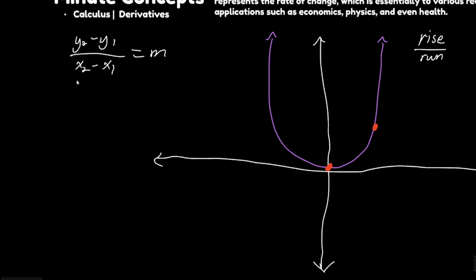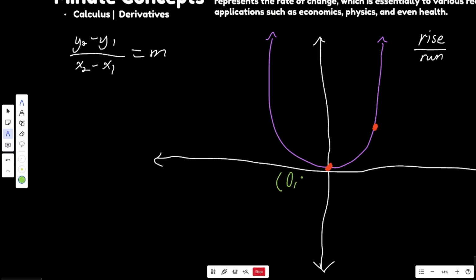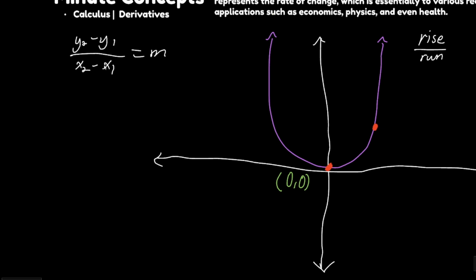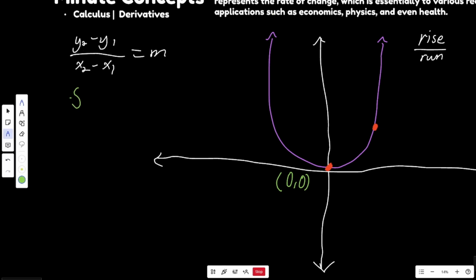So, how are we going to apply limits? For example, we're going to make this again 0, 0. Okay, and how can we rewrite this in a way that we can apply limits? We can rewrite y sub 2 as just generally f of x. And y sub 1 can now become a new variable, which we will call y0.